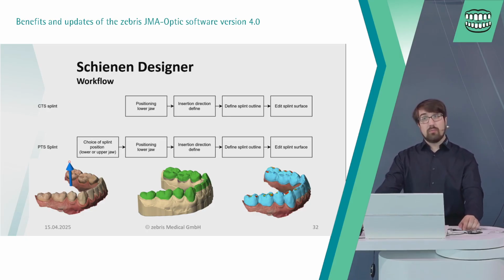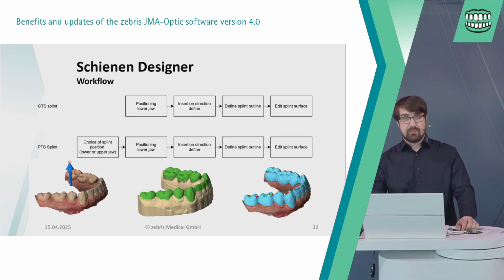You can accept, modify, grind in as you wish, but your software will give you a first suggestion for a splint you can accept and go straight to your milling machine for the fabrication.